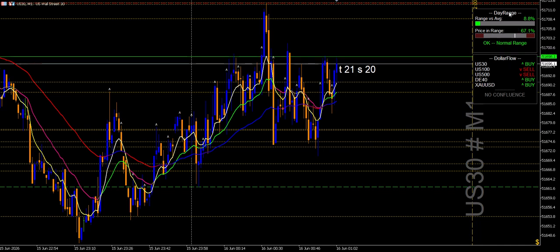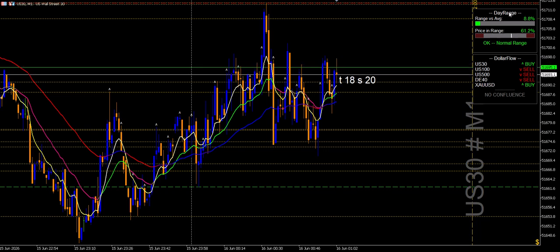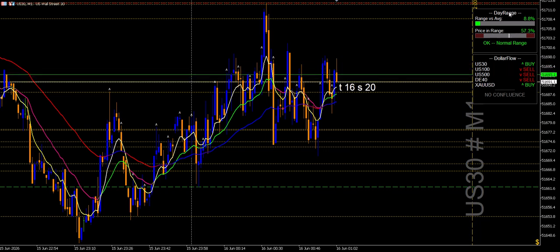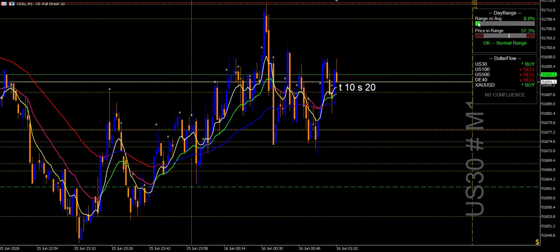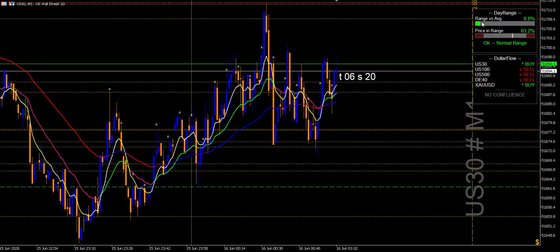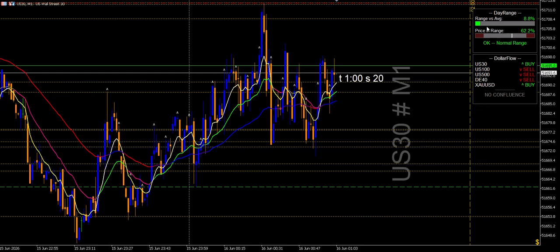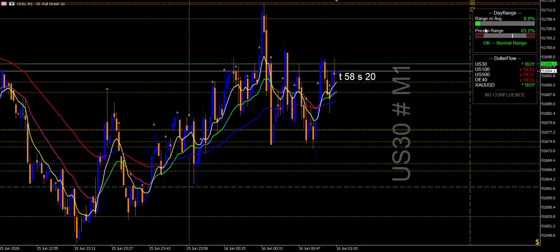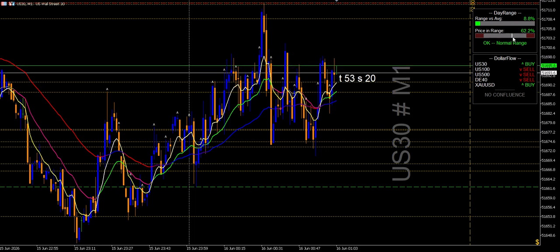Besides that, we have this panel with two indicators: day range and dollar flow. Day range calculates, based on the last 30 configurable days, the market's average range. It shows how much of that range was covered relative to the 30-day average. Since the market just opened and is very tight, only 8% covered so far.